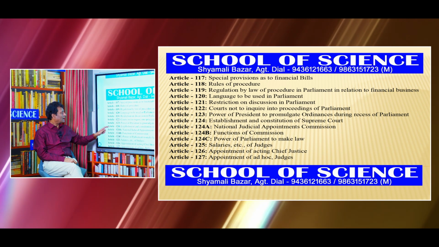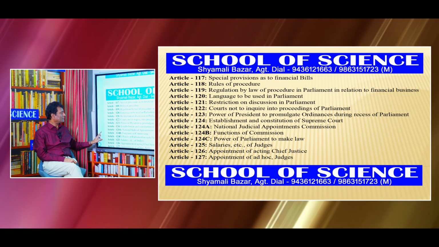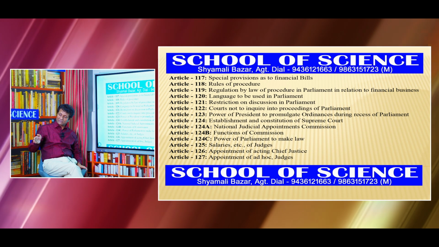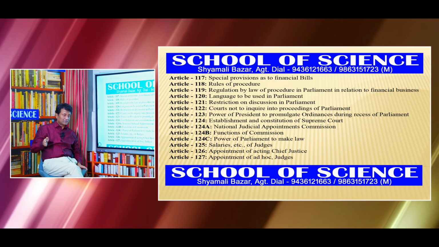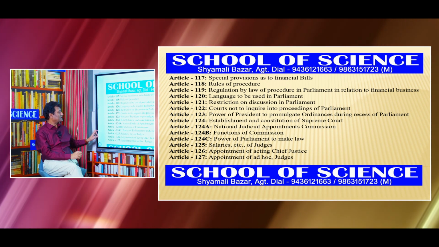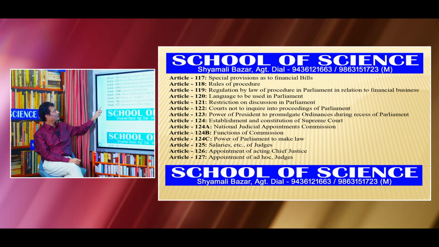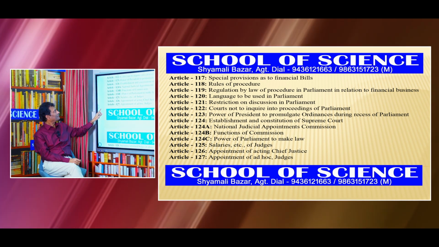Now, up to 124 we studied about President, the Vice President, the Parliament, and from Article 124 comes the judiciary. All of you, Article 124.